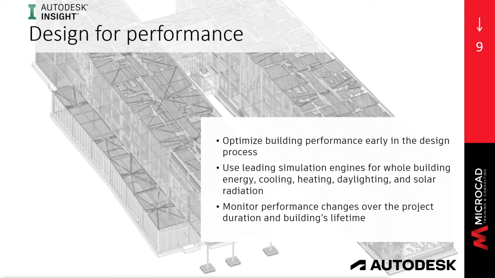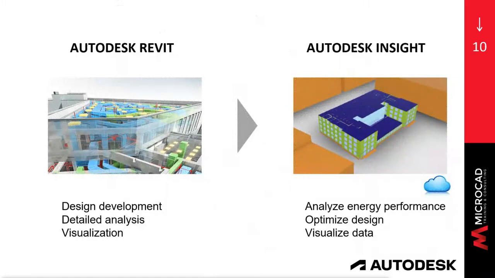You can start from that point on, in parallel, creating your energy analysis models. You can do iterations in Insight, as many as you want. You can monitor your performance changes while you are doing design changes, and you can base your design changes on those improvements of your performance, right?